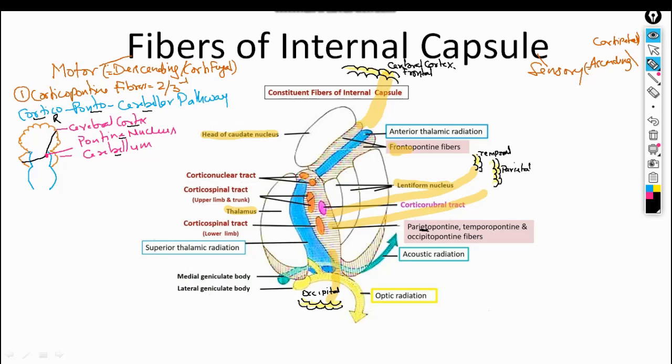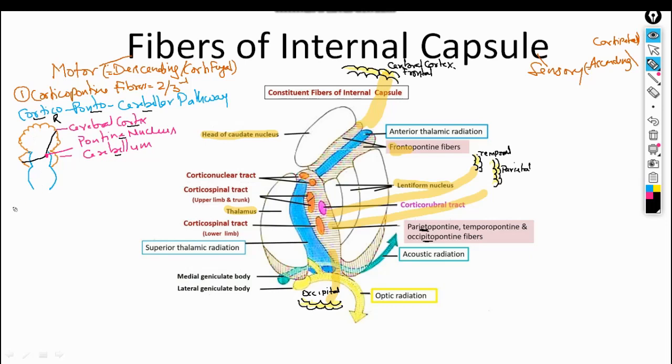Clear? Similarly, if I am talking about the occipitopontine fibers, the fibers from the cerebellum cross to the other side and go to the pontine nucleus. Then from the internal capsule they will go to the occipital lobe, cerebral cortex.